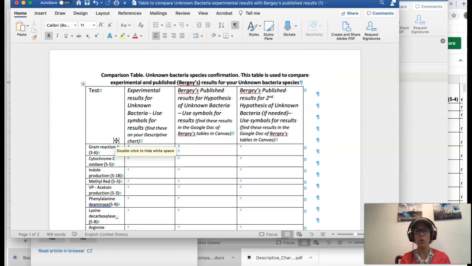You are going to be required to have this as one of the pages of your unknown report. That shows me you went through the flowcharts in the lab manual, and then you took that information and compared it to the known results for your hypothesized identification, and that is what confirms your unknown's identification.